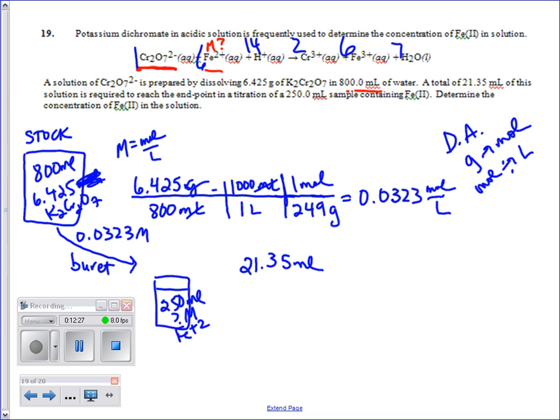All right, so what I need to do first is go ahead and find moles of my known, which is my dichromate. Well, I know molarity and I know mils, so now I can very easily find moles. So let's go ahead and start doing another dimensional analysis here.